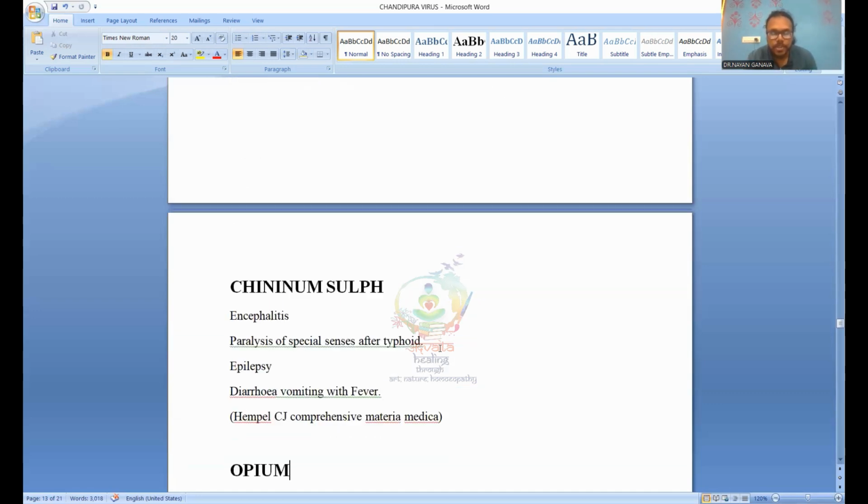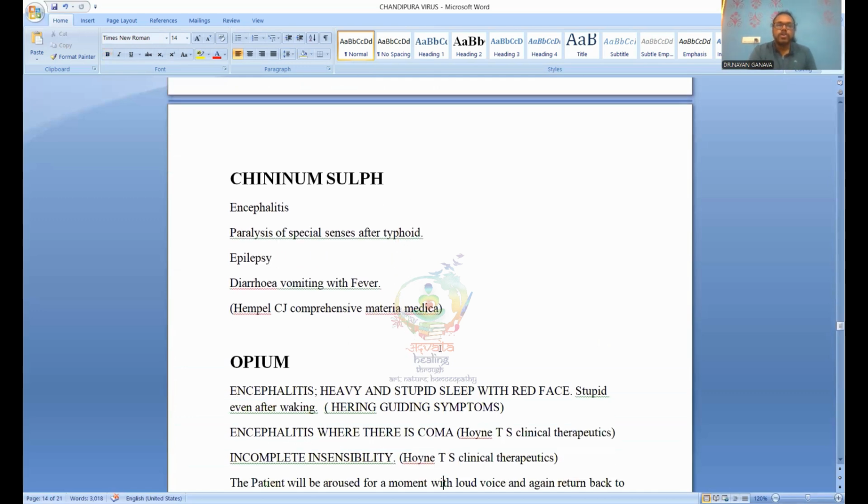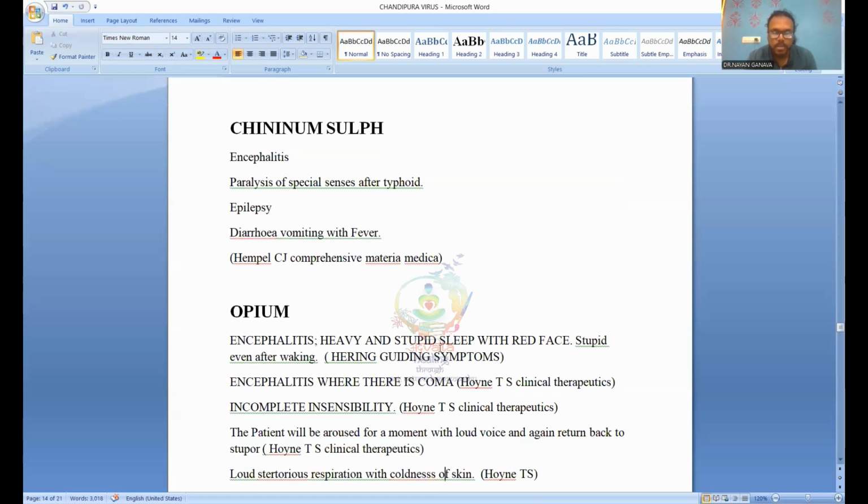So if we see further, China sulph. In China sulph there is written by Hempel, Comprehensive Materia Medica: encephalitis, paralysis of special senses after typhoid-like fever. Then epilepsy, then diarrhea, vomiting with fever. Exactly, right? That is the symptom of Chandipura vesiculovirus infection.